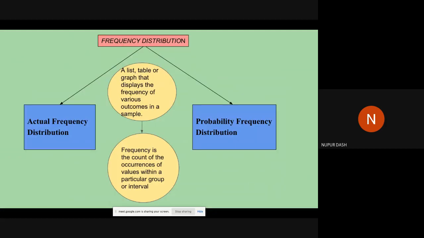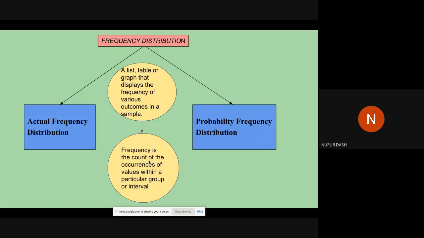Now, frequency distribution can be classified into two: one is actual frequency distribution and the other is probability frequency distribution. Students, first of all, we should know what we mean by frequency distribution. So, first of all, think and tell me what we mean by a frequency: how frequent something is, right?